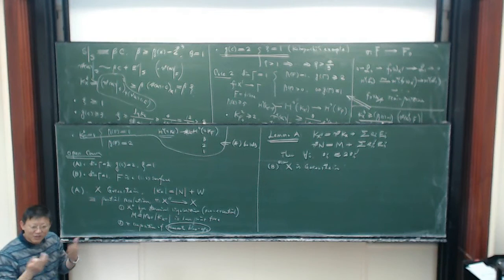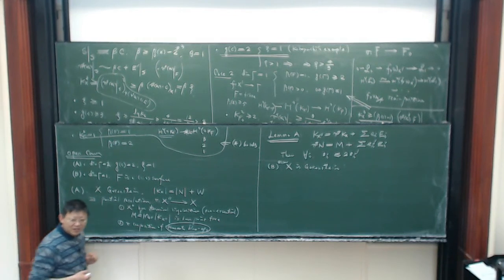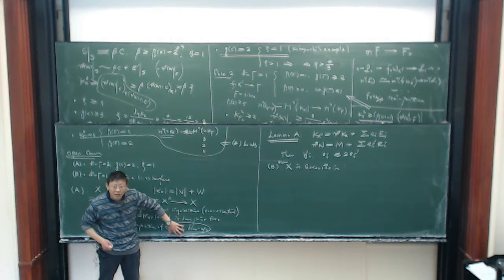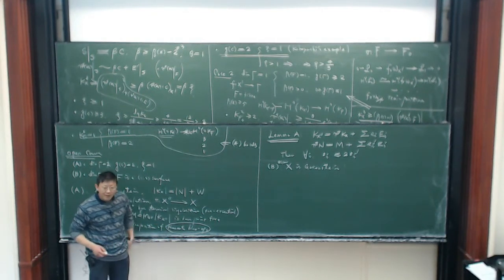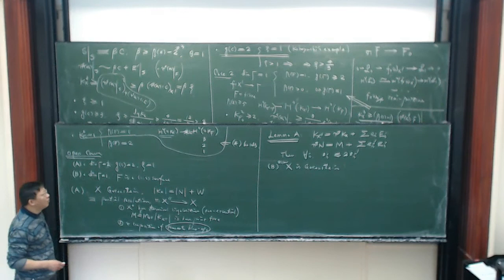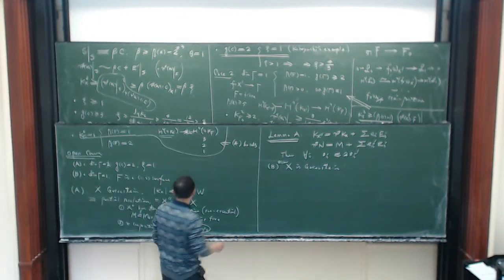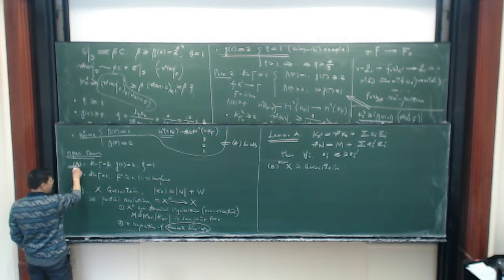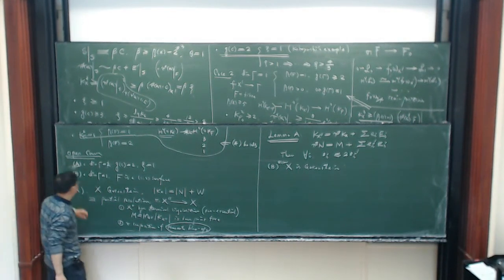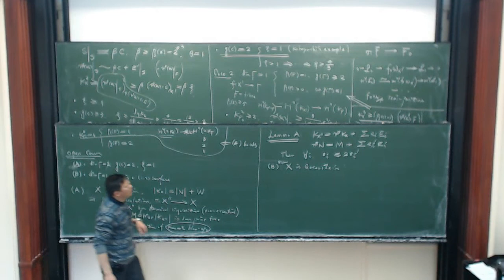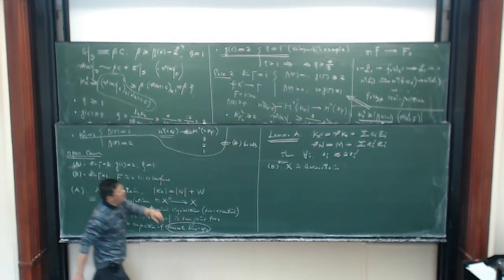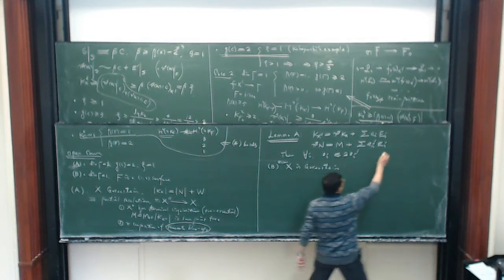So I don't know, maybe this is only a problem of notion. Condition A, of course, condition A. This is very general. But the point is, here we need X to be Gorenstein.